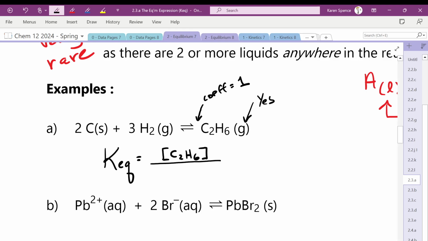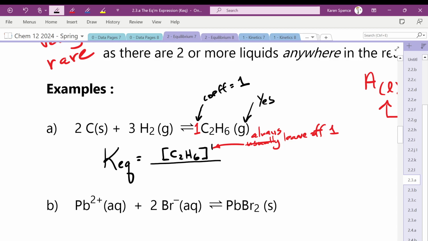We could write a 1. We usually leave off the 1. In fact, we always leave off the 1, so don't put it in. I just put it in there because it's our very first one, so you can see that it's got a coefficient.